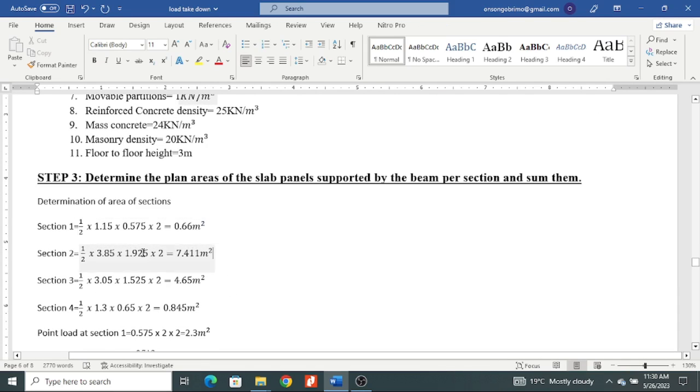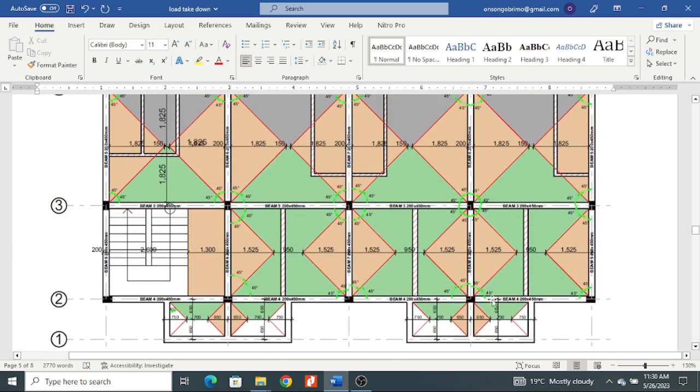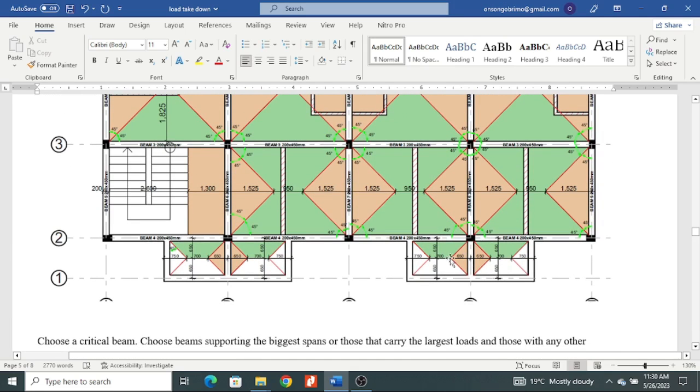For section 1, you determine the areal loading that is going to that section. So you see this is a half multiplied by that, and then that is 2. I believe this was a triangle, section 1. Let's go back. I think it's this one, or it could be the other way around.